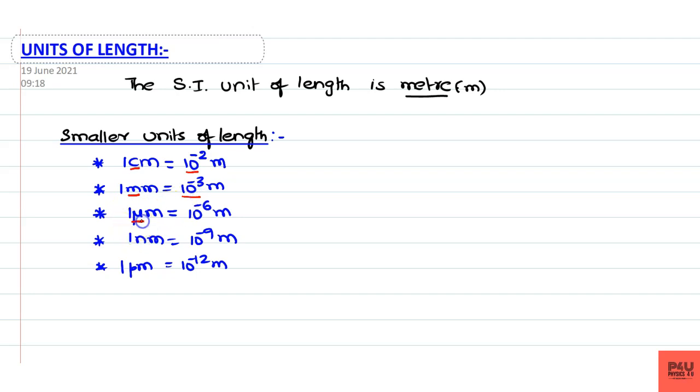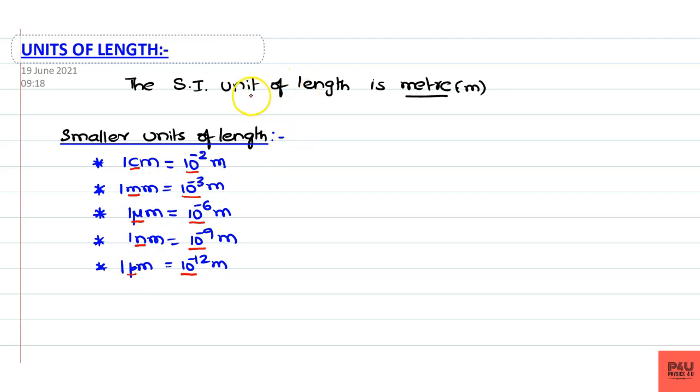The value of micro is 10 power minus 6. The value of nano is 10 power minus 9. The value of pico is 10 power minus 12. So this we have discussed in the submultiple units. In units of length, meter is given a prefix for getting the smaller units: centi, milli, micro, nano and pico.